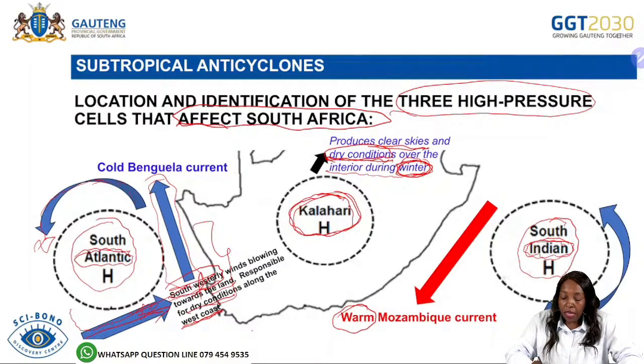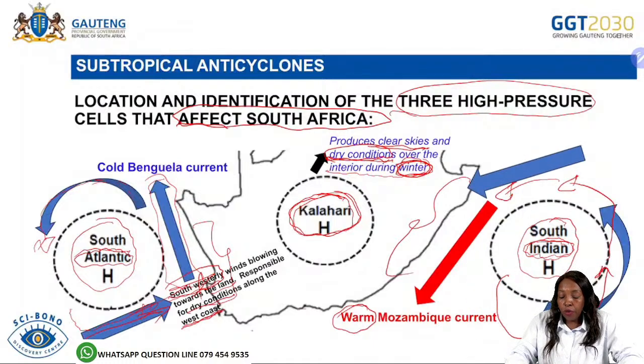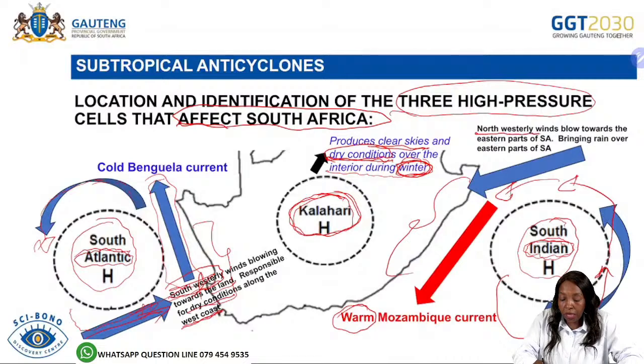And then let's look at the influence of the South Indian. In that anti-clockwise movement that I have referred to, the air that is picked up there would be warm, and it then brings warm and moist conditions over the east coast of the country. And then we have northwesterly winds. So the winds that are blowing in that direction would be your northwesterly winds.